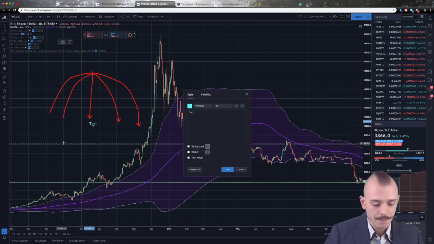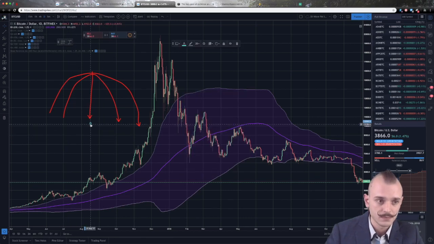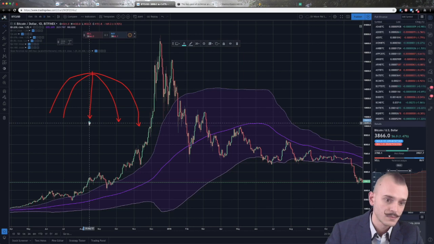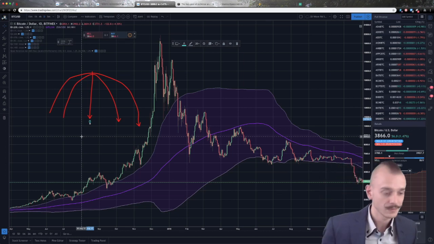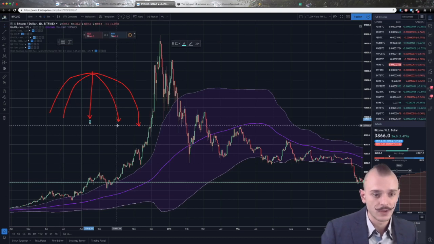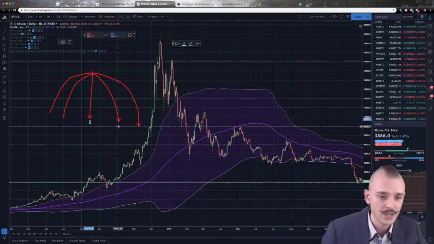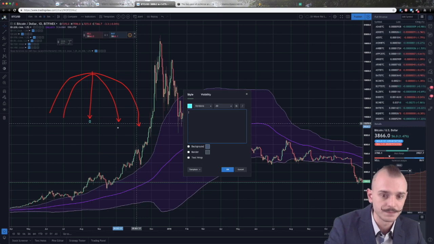So if we have 0, what is 0 going to represent? Basically the middle of the bell curve, the average of the data. Perfect. Yep, the center, the mean. Beautiful. And the first standard deviation, right? There's going to be a positive first standard deviation and a negative first standard deviation. That's going to represent 68% of the data.